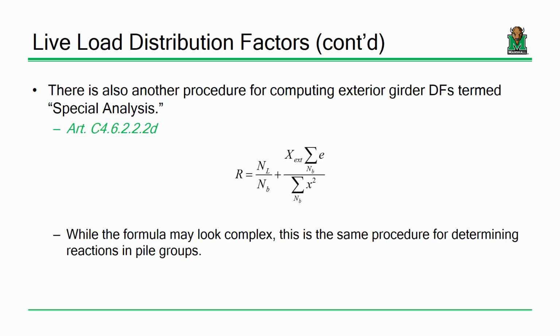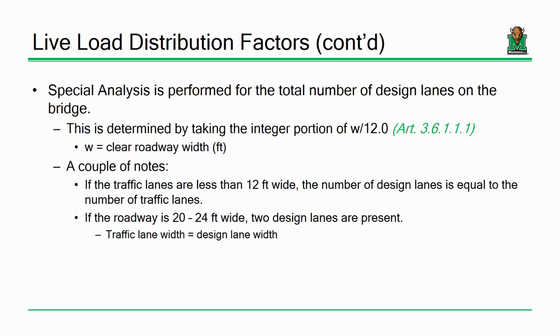This I being sort of the moment of inertia of all the beams, or this sum of the eccentricities of all the trucks going on the bridge. So this part here is kind of like your moment, and this X_ext is the distance from the center all the way over to the very edge. That's kind of like your C, MC over I. So we'll practice that. Don't worry, it's not that bad. Okay?